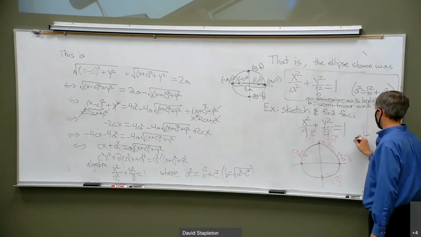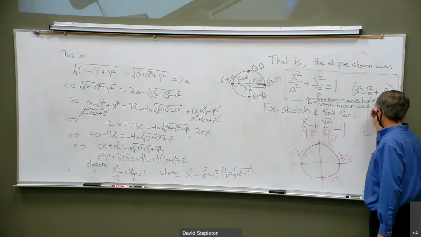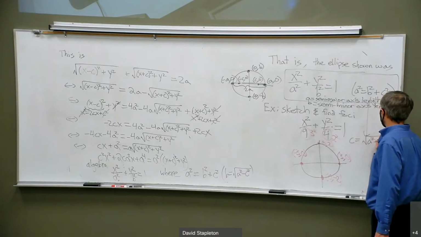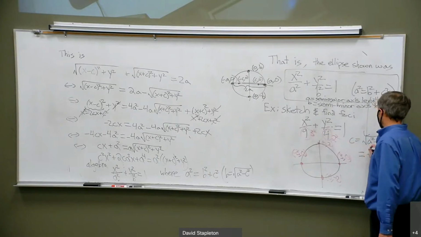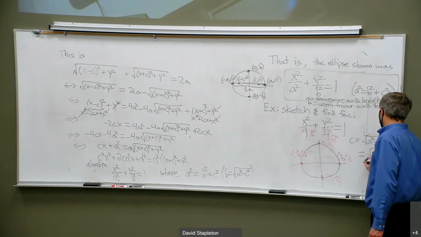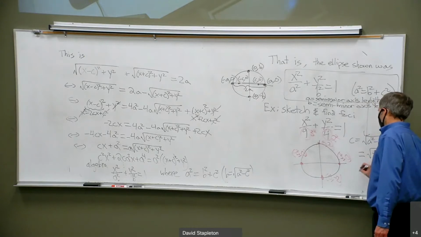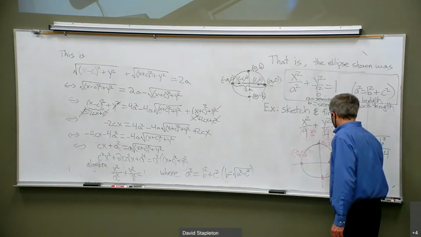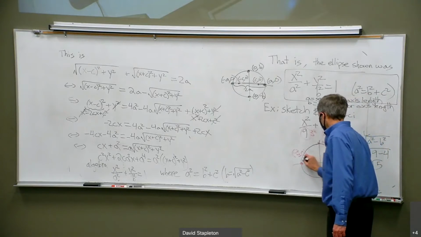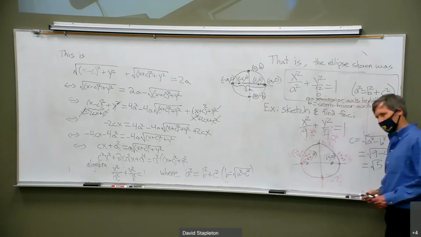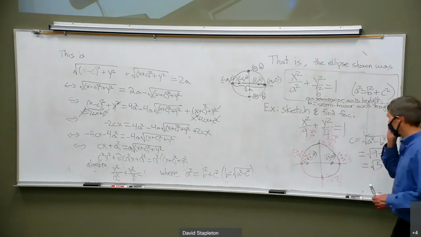So that tells you how to find b, or you can find c this way. c, evidently, from this equation is the square root of a squared minus b squared. Since we know a and b from the equation, it's the square root of 9 minus 4, which is square root 5. Apparently, the foci are at (square root 5, 0) and (minus square root 5, 0). Now I've got my ellipse nicely drawn with the foci.